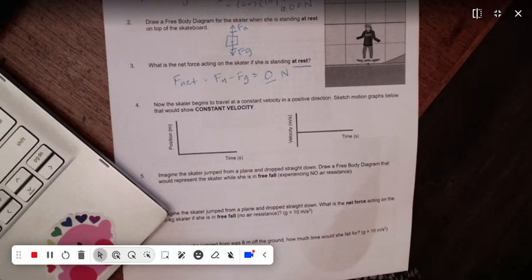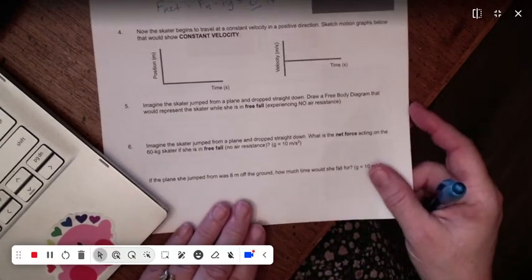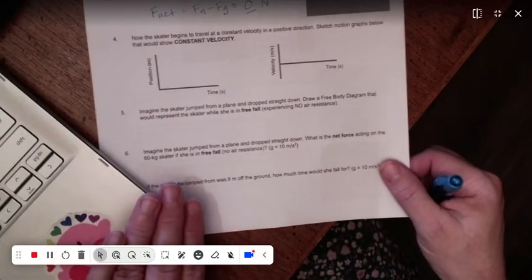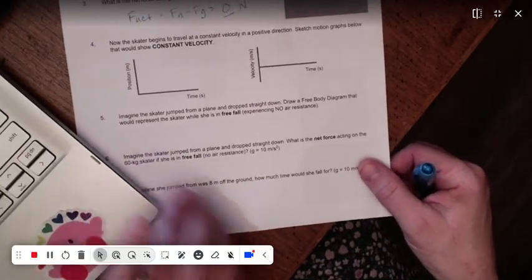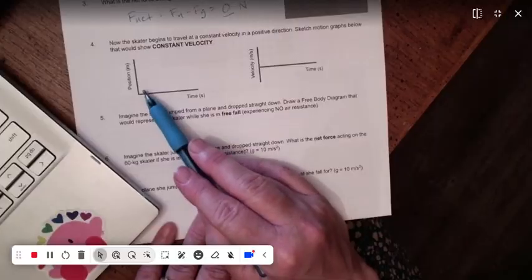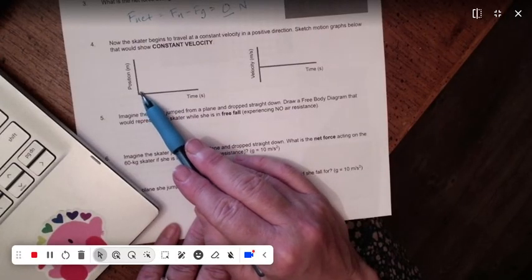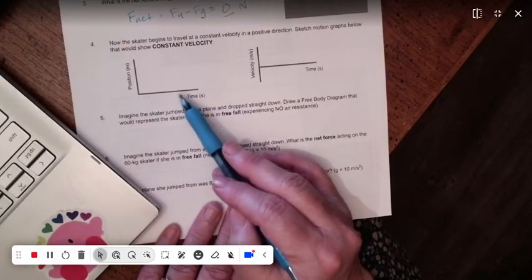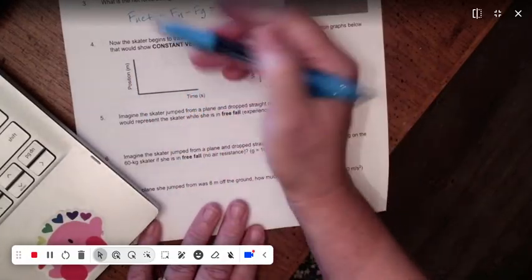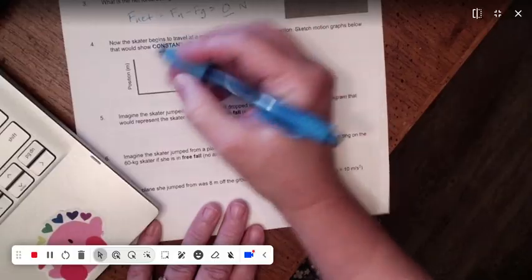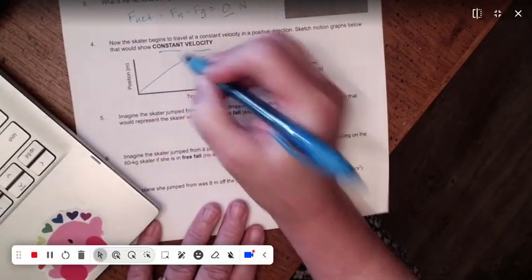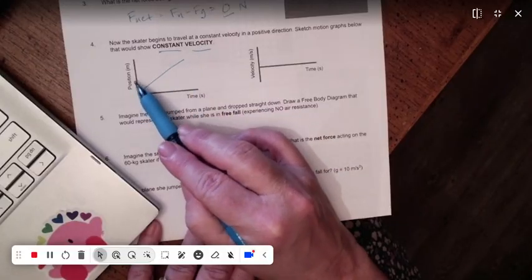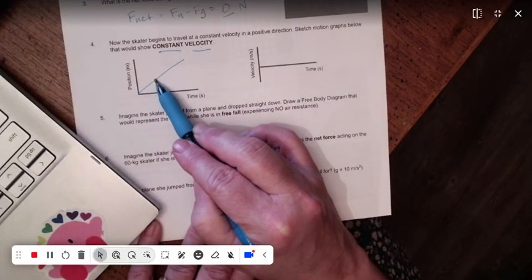Now she begins to travel at a constant velocity in a positive direction, and we want some motion graphs. We'll have to go back through these as part of our review. Position versus time is the graph of where our object is as time goes on. When we have a constant velocity, the graph looks like this, because the slope is the velocity, change in position over change in time.